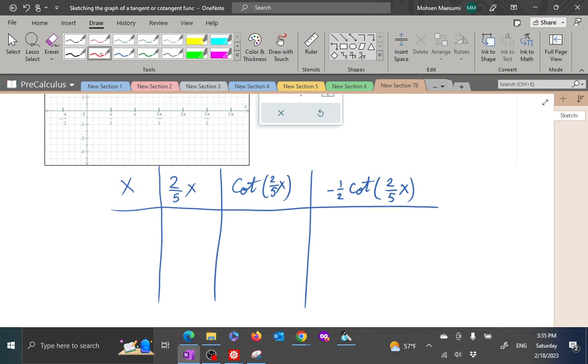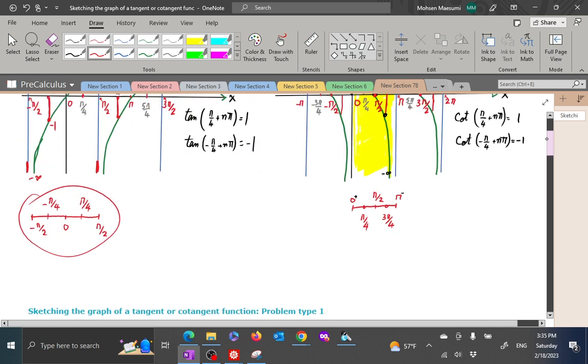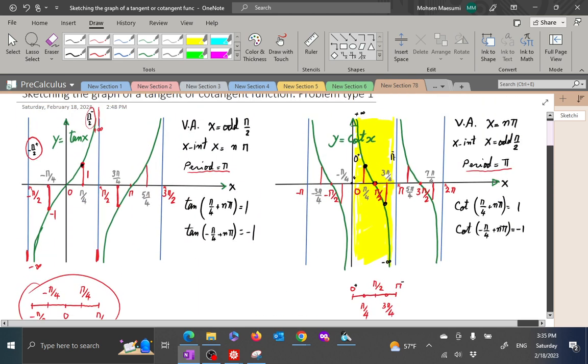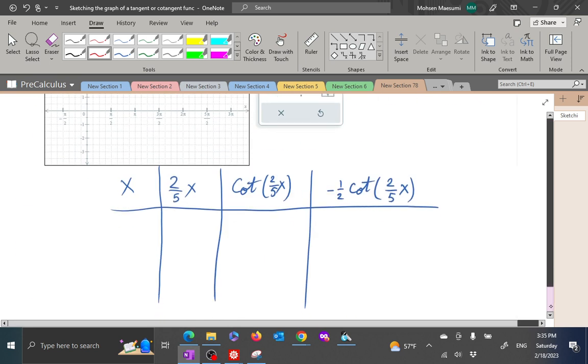So for cotangents, what are the 5 numbers that we track? For cotangent, we go from 0 to pi. Of course, halfway point, that's our intercept, and then the quarter points.